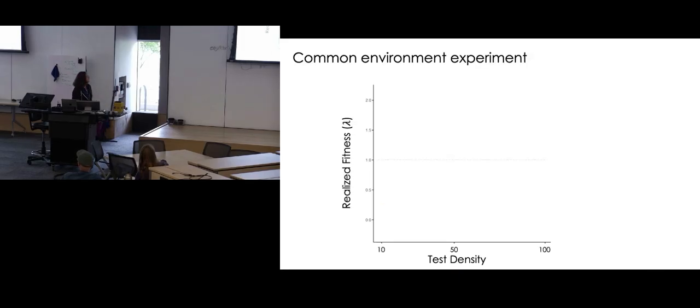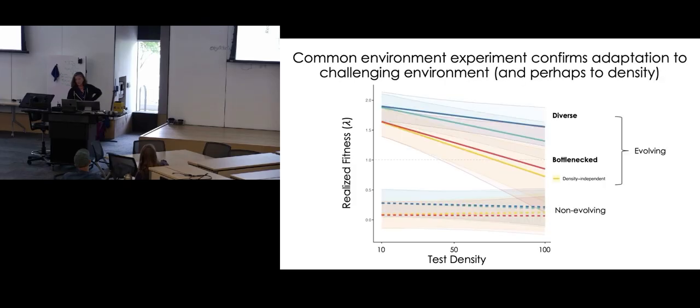Okay, so at the end of this experiment, we evaluated fitness in a common garden environment. So we looked at realized fitness across a range of densities, from the low density that we used in the density independent treatment up to 100, which is much lower than the high density, how high the densities got, but at least there's a lot of negative density dependence going on there.